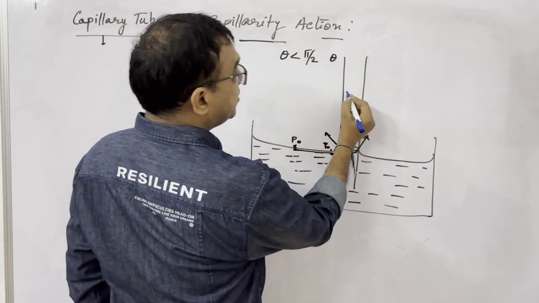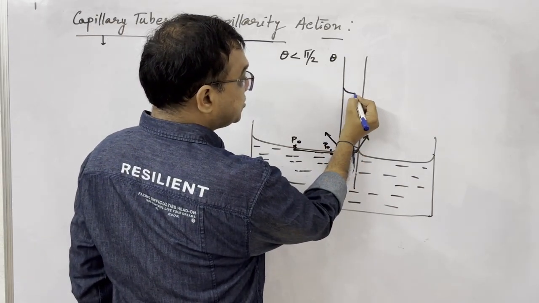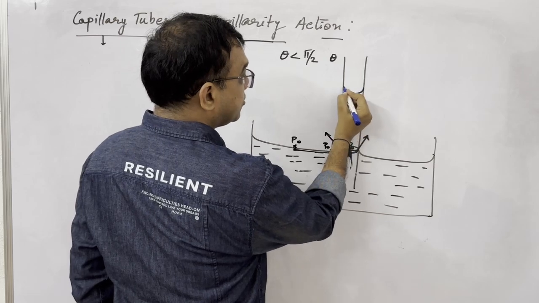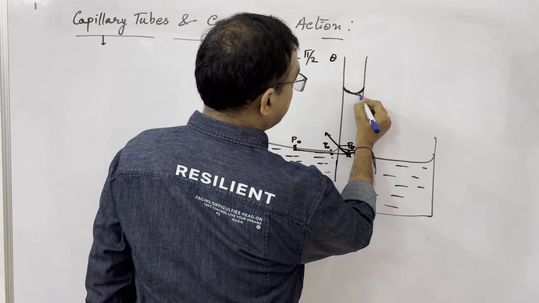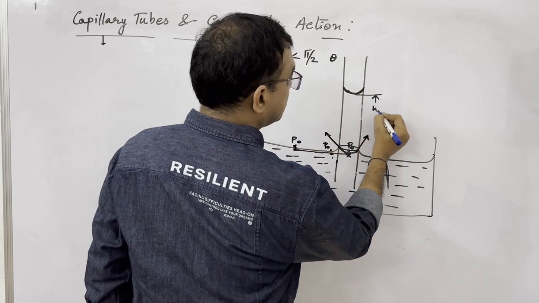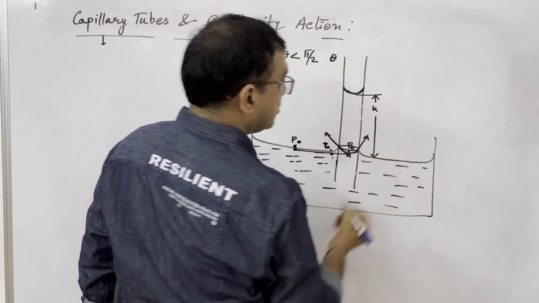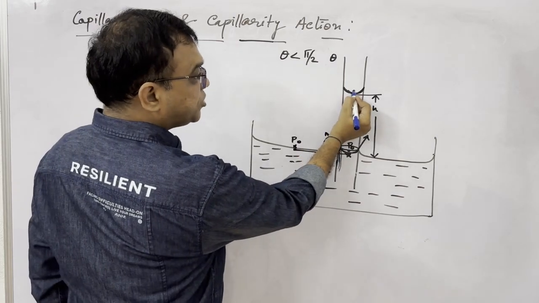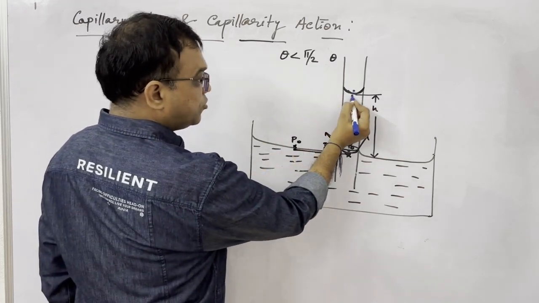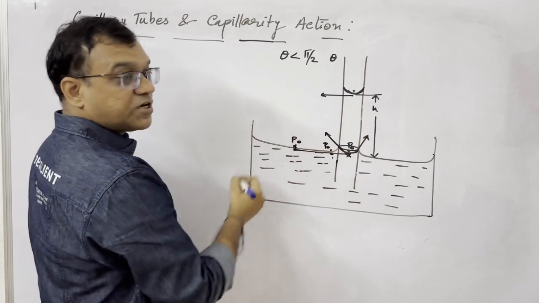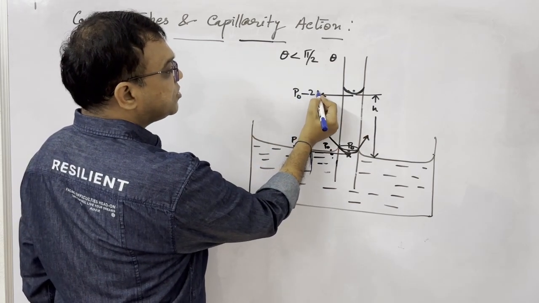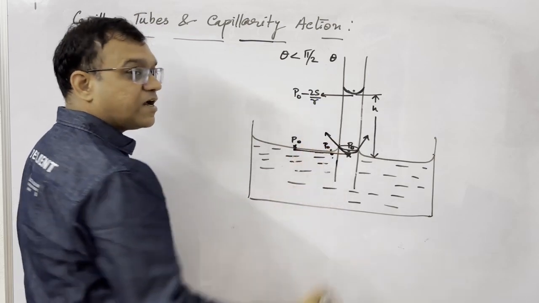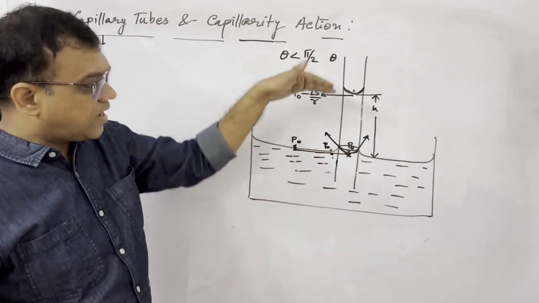It pulls the liquid up and it comes, say, up to this height. Say this height is H. Then here the pressure is P naught. Due to the pressure across the curved surface, the pressure here will become P naught minus 2S by r, where r is the radius of this meniscus.